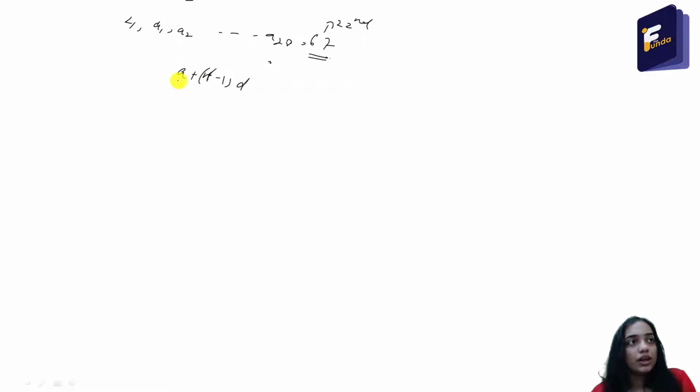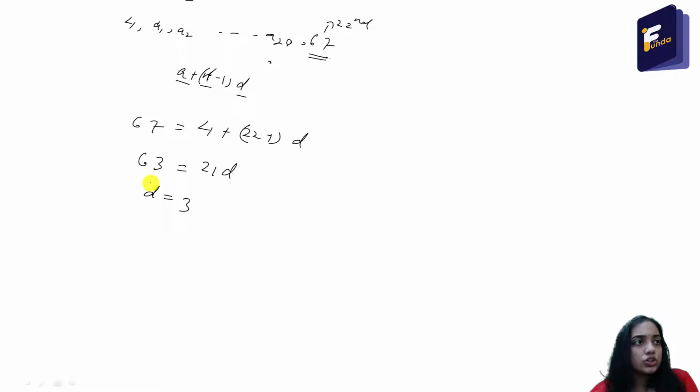A is the first term, n is the number of terms, and D is the common difference. So 67 equals 4 plus 22 minus 1 into D. So 63 equals 21 D, so D equals 3. Now we have got that the common difference of this whole series is 3.